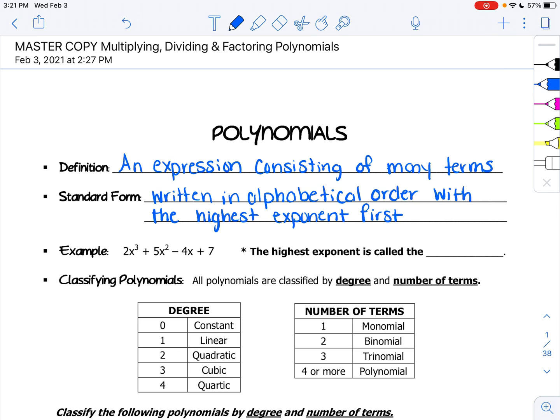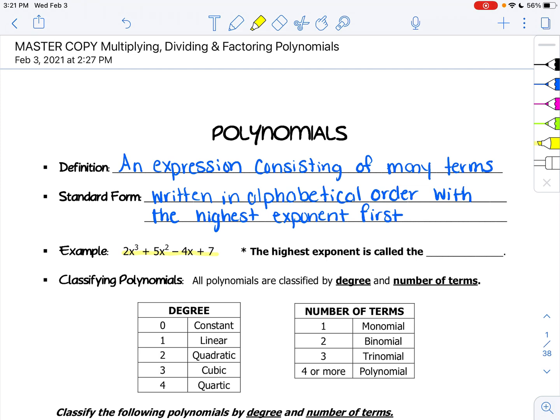So that's why we need to be able to classify polynomials so that we can make sure that we're working in standard form.